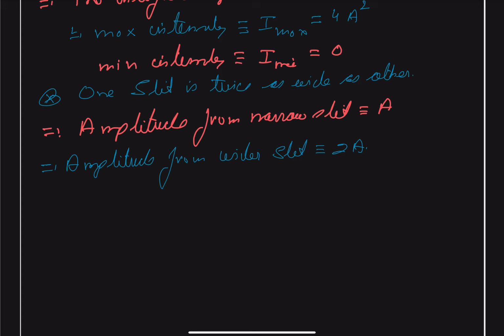So let us say that for the narrow slit, let us call this slit 1, and for the wider, let us call that slit 2.